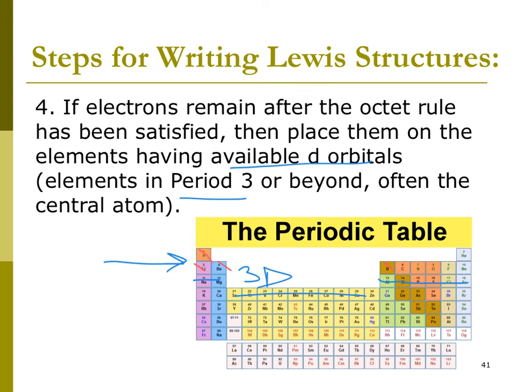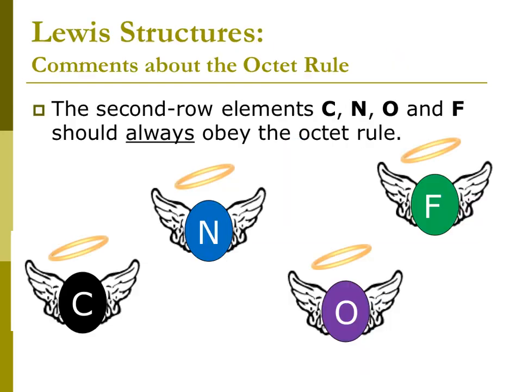We also know helium and neon, as noble gases, will not form covalent bonds. So we've actually narrowed this down to 4 atoms that behave in special ways when we're doing covalent bonds. Carbon, nitrogen, oxygen, and fluorine are the angels of the noble gases. They will always obey the octet rule when you are forming your Lewis structures.